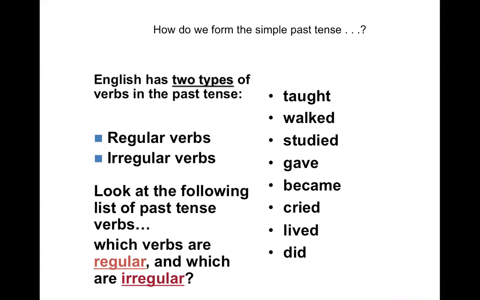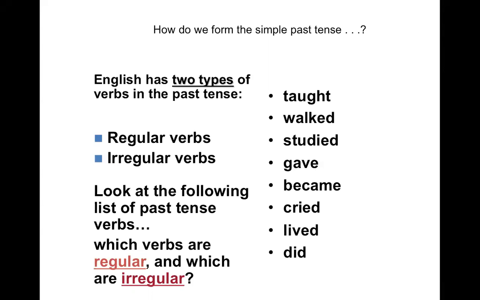Okay, how do we form the simple past? For example, talk is irregular? Why? Because it changes the structure. Walk, the present is walk, and walked: you add only ed at the end of walk.